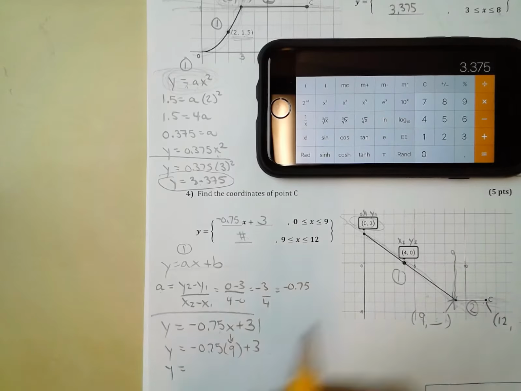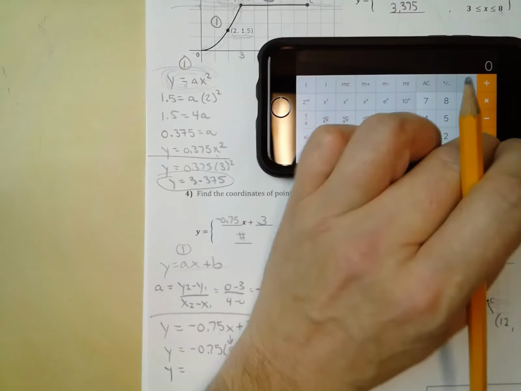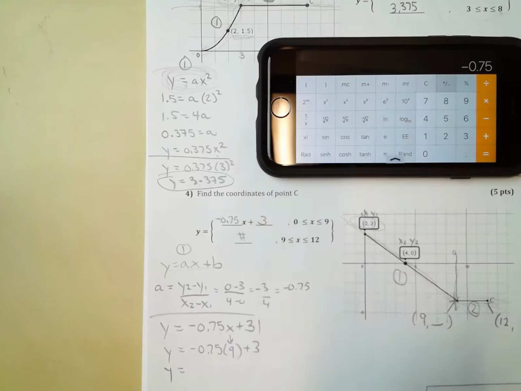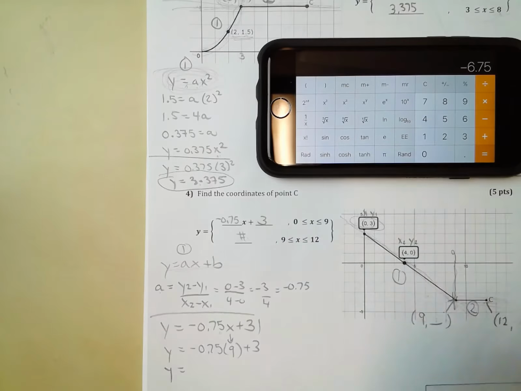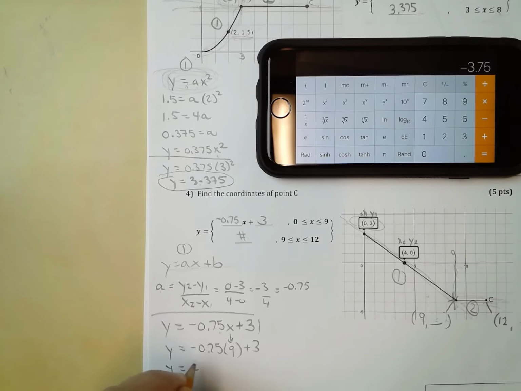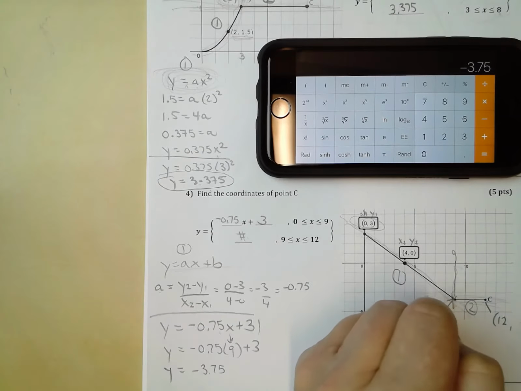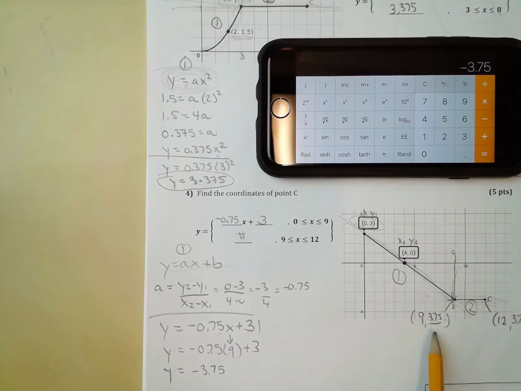Y is equal to, calculator time now, negative 0.75 times 9 is equal to that. Don't forget to add the 3 afterwards from the b, and you get negative 3.75 is your y. So the rule here is negative 3.75.